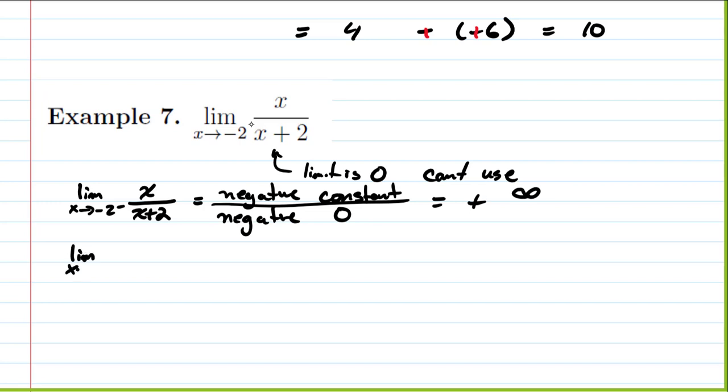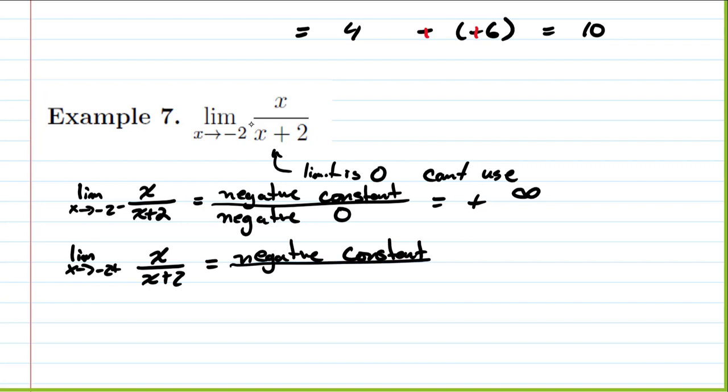And if we calculate our right limit, we're still going to get a negative constant in the numerator, because we get negative 2. And then if we're approaching negative 2 from the right, we're going to have a positive 0.